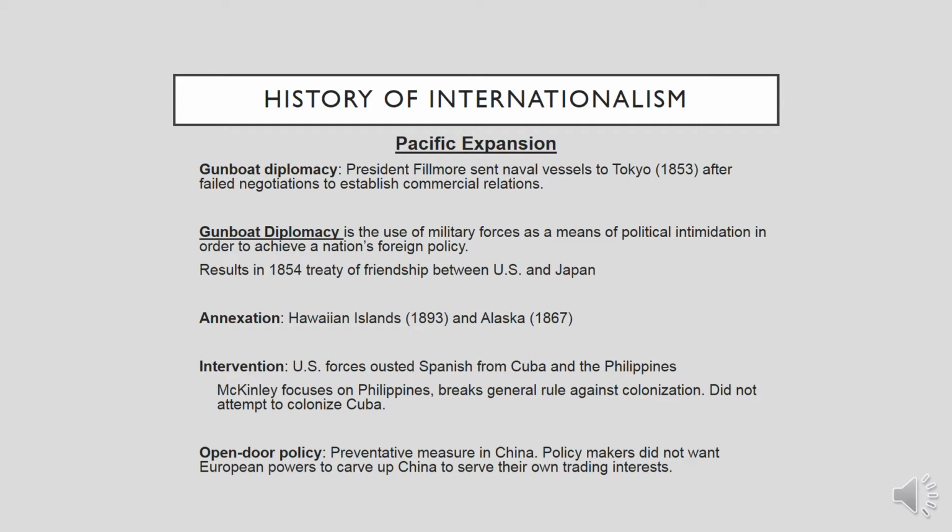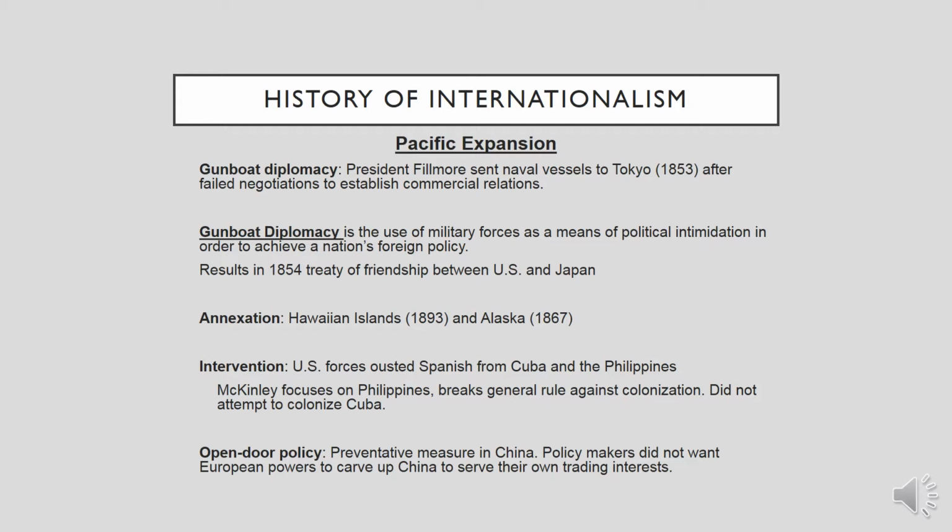This includes Samoa, the Marshall Islands, all these places in the Pacific that the U.S. has naval and commercial ties. And all of this also has to do with economic openness to China during the 1800s. And this was seen as a political and economic preventative measure.